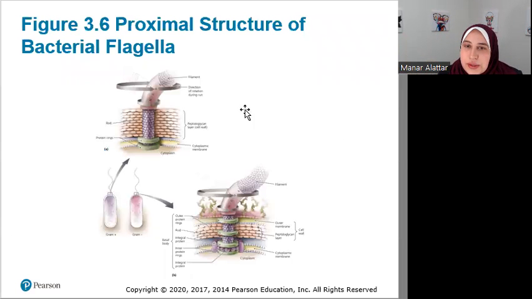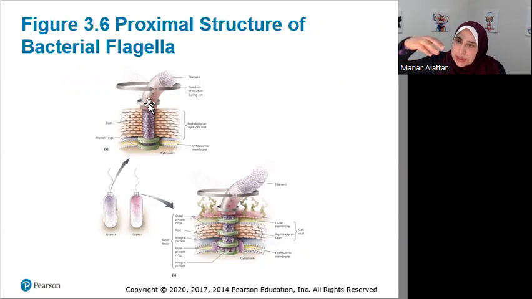Okay, so you can see here, you have this hook, which is a protein that actually connects the flagellum to the cell wall of the organism, and the filament, which will extend out. So this is your cell as a whole, and this is a cross-section of where that flagellum meets the cell right here.